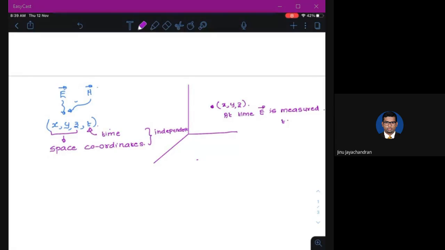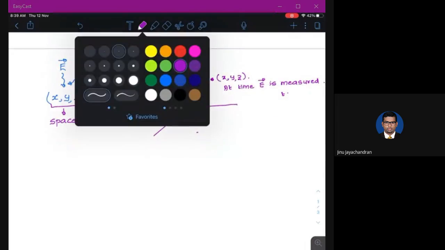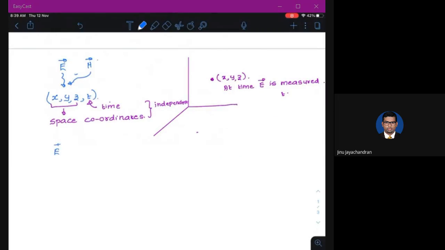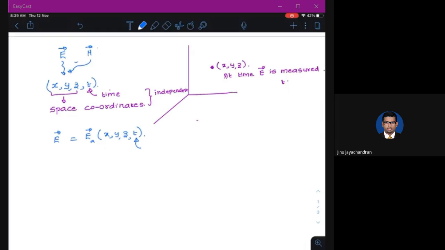That means I can represent E as some function of x, y, z, for example, E_a of x comma y comma z, and a function of t. And the function of t is mostly a sinusoidal function, which is cos of omega t plus phi.